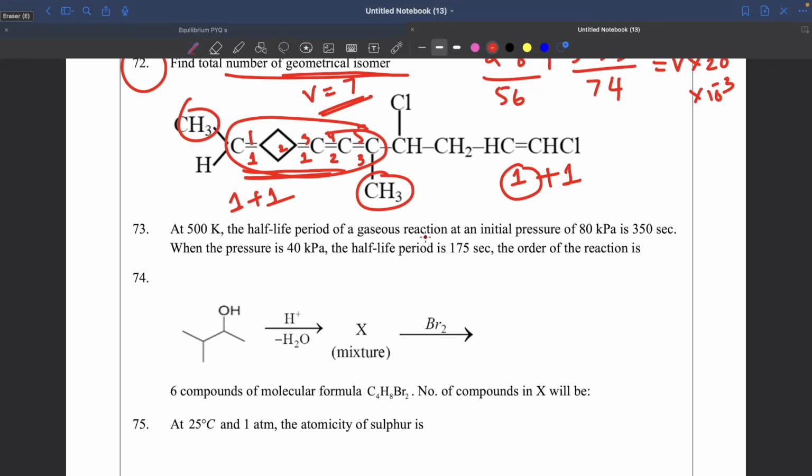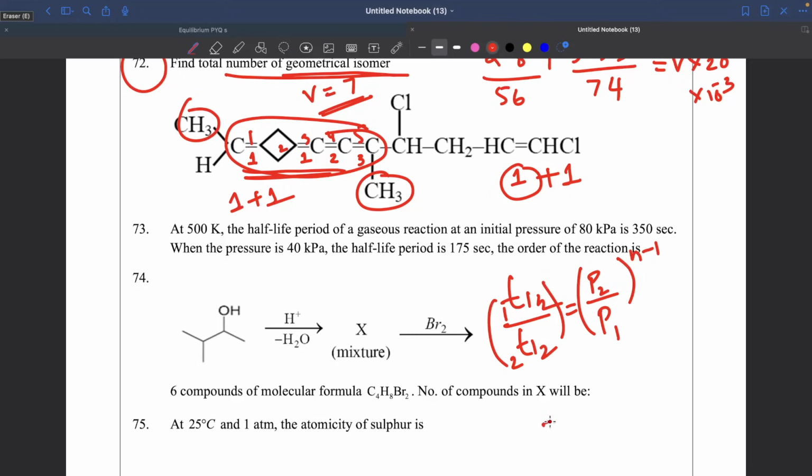Half-life period of a gaseous reaction, initial pressures are given to us, and we have to find the order. So it is the half-life method. So t1/2 over t1/2 equals the pressures, and they will be opposite. So if this is 1 then this will be 1, if this is 2 then this will be 2. Its power is n minus 1.